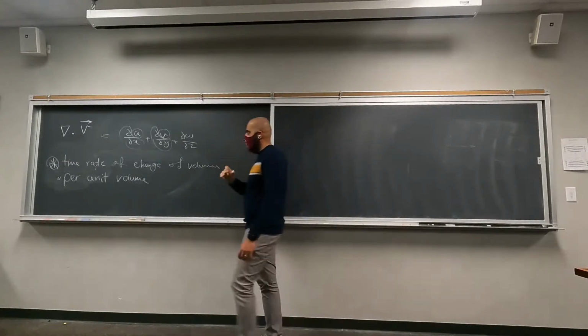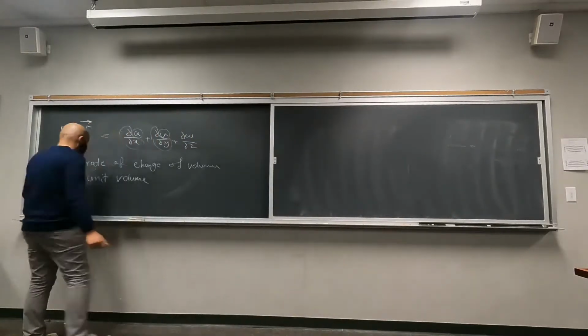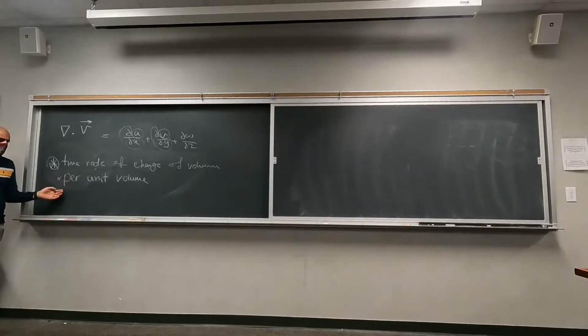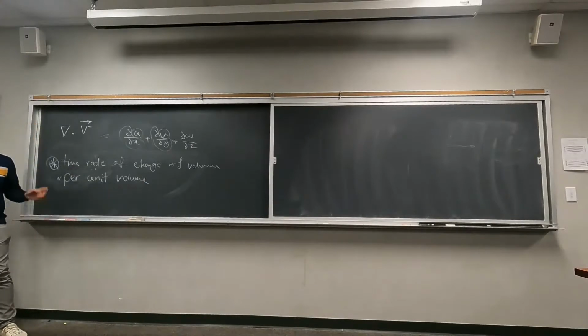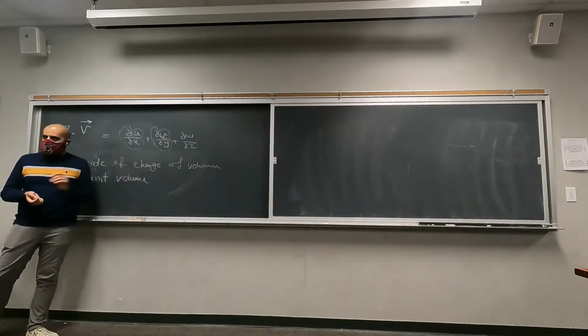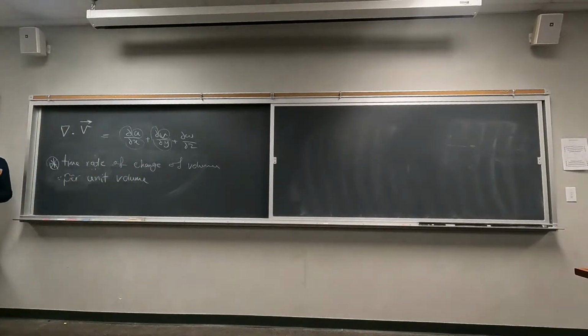This is what divergence of velocity represents: time rate of change of volume per unit volume. This per unit volume part is just a normalization. We are normalizing the changes of volume. So this part is just nothing, right? It essentially represents the time rate of change of volume of a fluid element that has a volume of 1. Normalization.